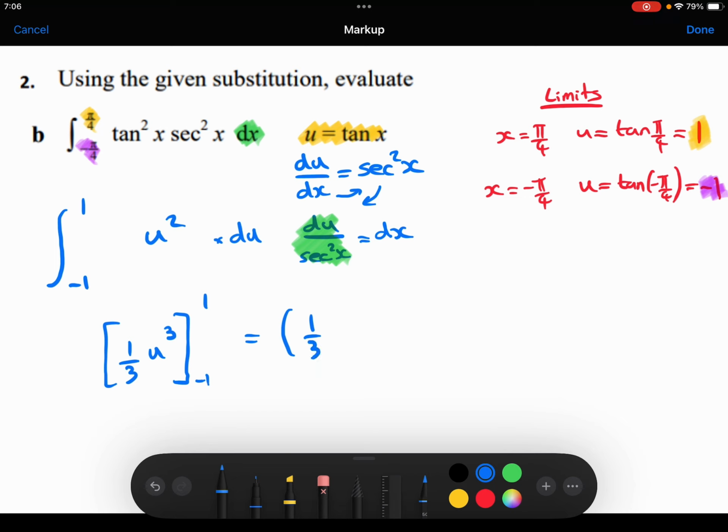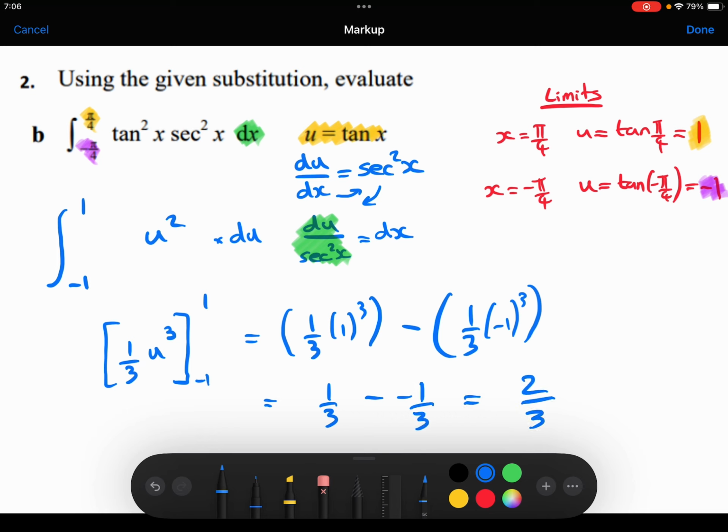Substituting 1 into that, I get 1/3 times 1 cubed. Now substituting minus 1 into that, which gives me 1/3 minus minus 1/3, which is 2/3.